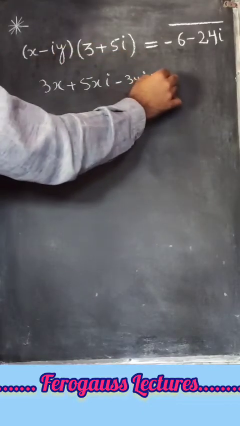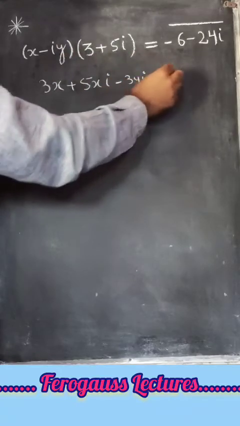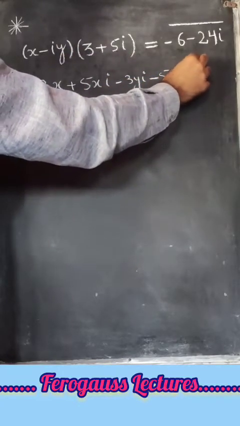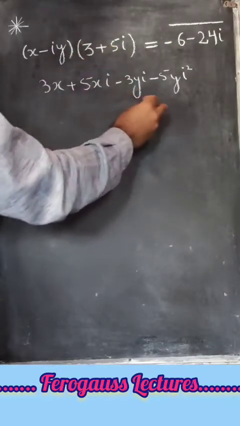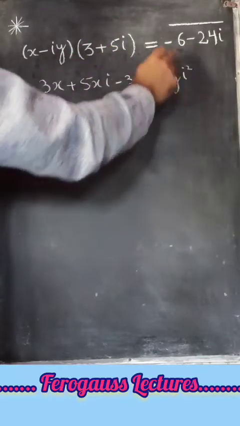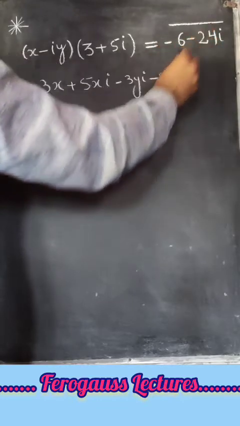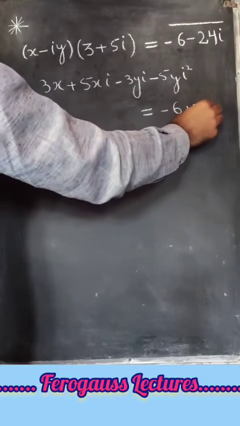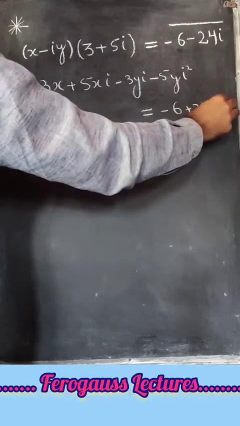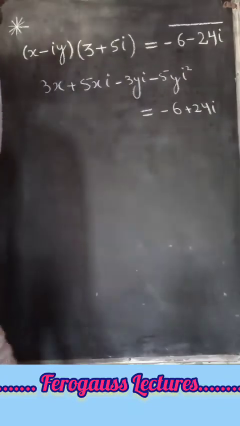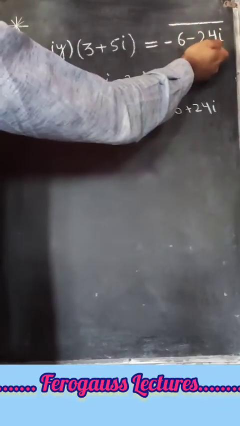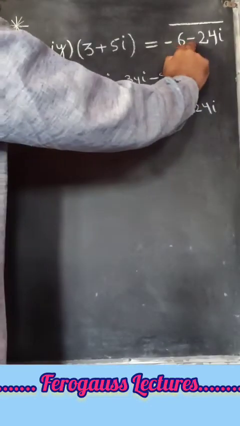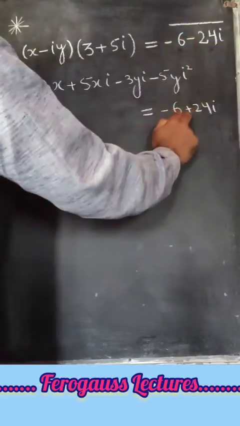Then again minus times, it is 5y iota square, as iota into iota is iota square, that is equal to the conjugate of minus 6 minus 24 iota, which is minus 6 plus 24 iota, because in conjugate the sign of the imaginary part gets changed. So in this case it was minus 24 and it is changed to plus 24 iota.